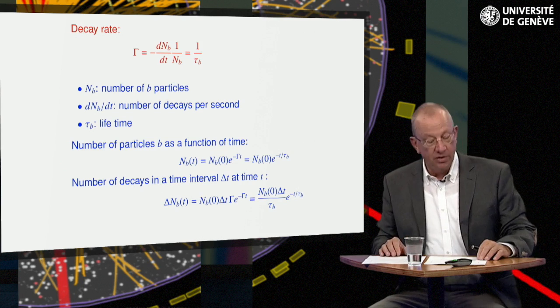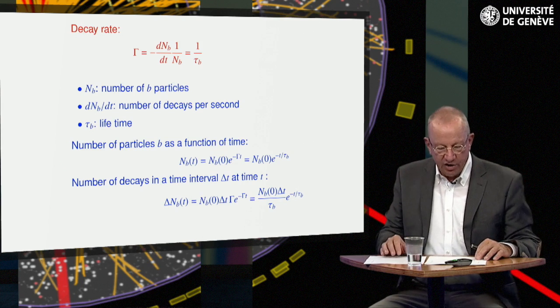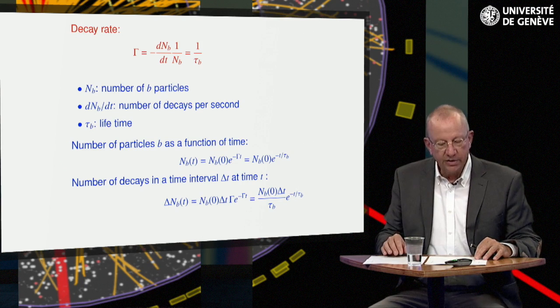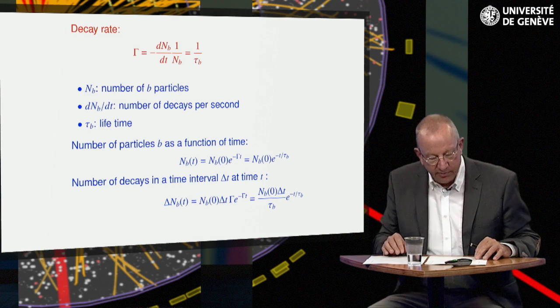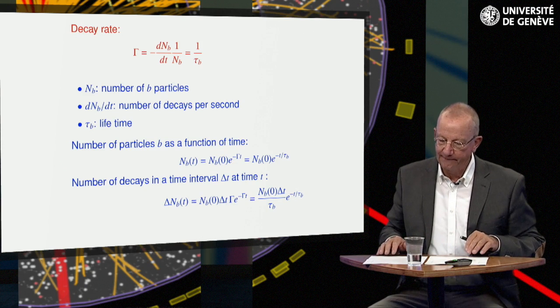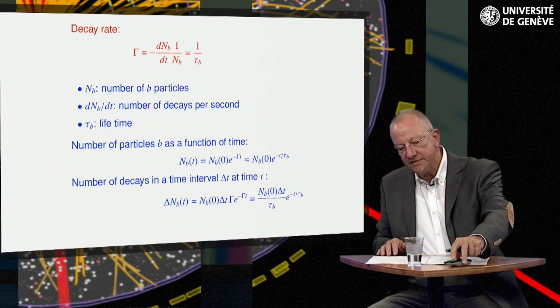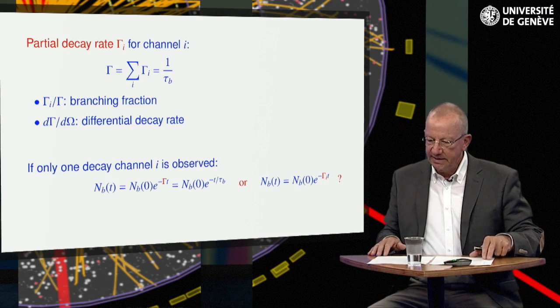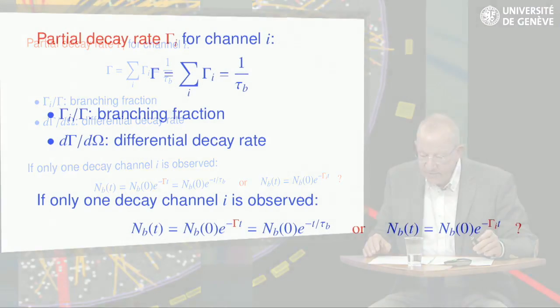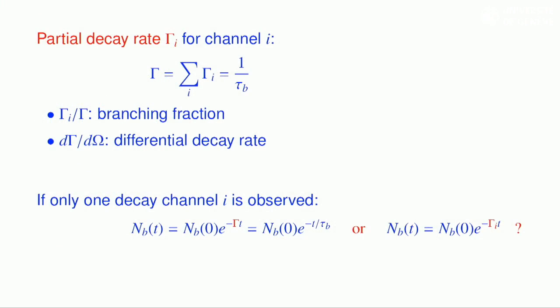As the decay rate is a constant, we find an exponential law for the number of remaining particles at time t. Consequently, also, the absolute number of decays in a time interval delta t decreases exponentially. If several decay channels exist, the lifetime observed in each channel is of course the same, but the decay rate depends on the channel. One thus defines a partial decay rate gamma_i for each channel i.